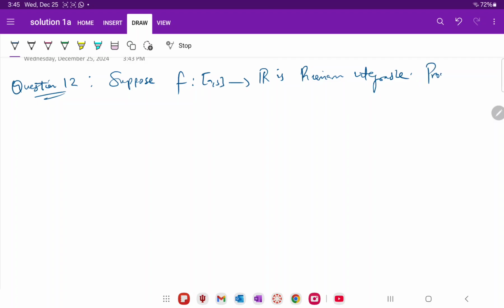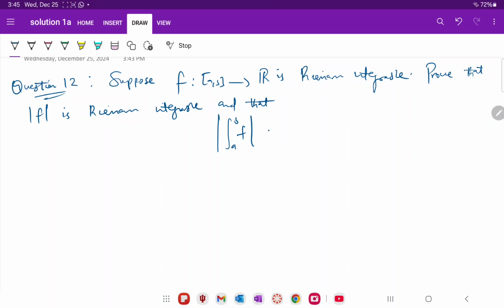We have to prove that the modulus of f is also Riemann integrable, and that the modulus of the integral of f is less than or equal to the integral of the modulus of f.